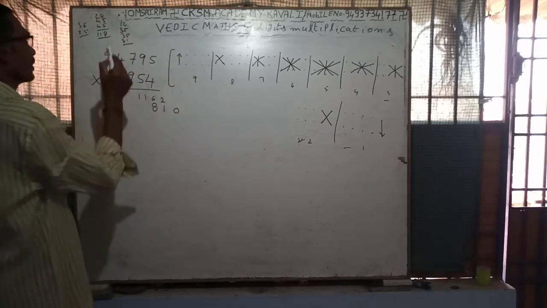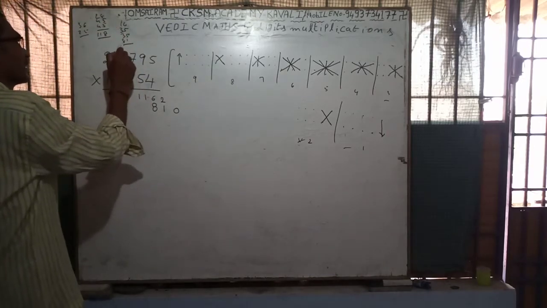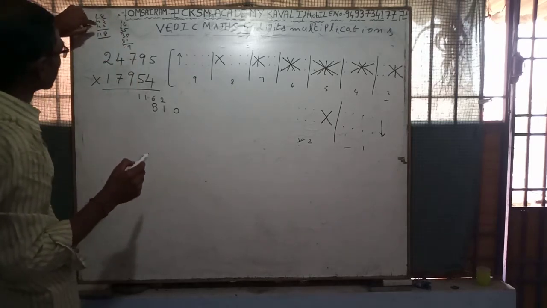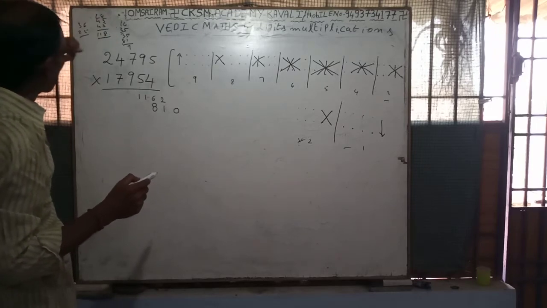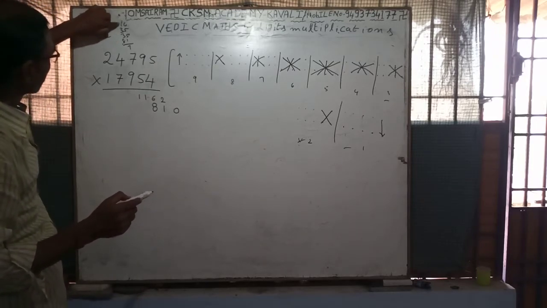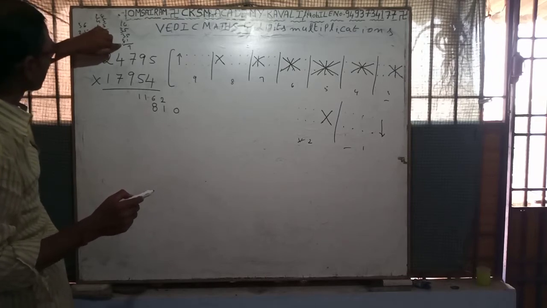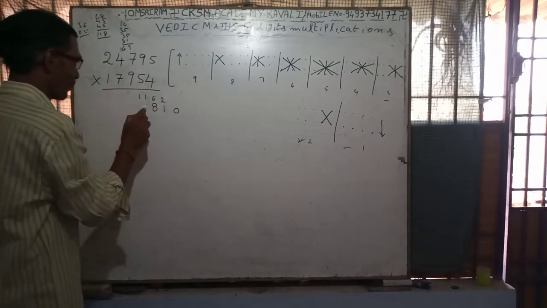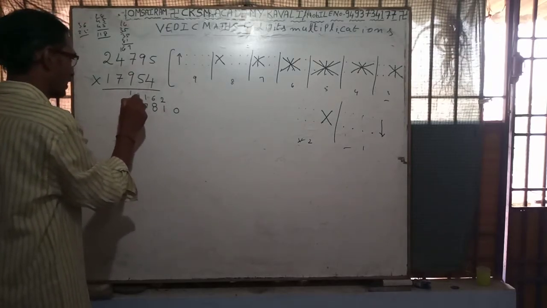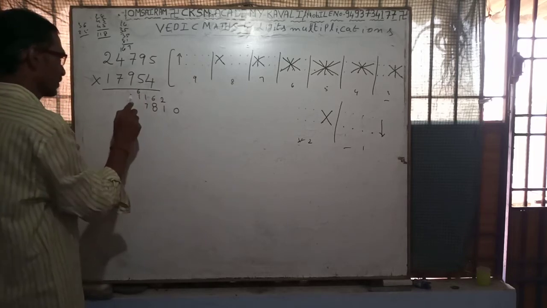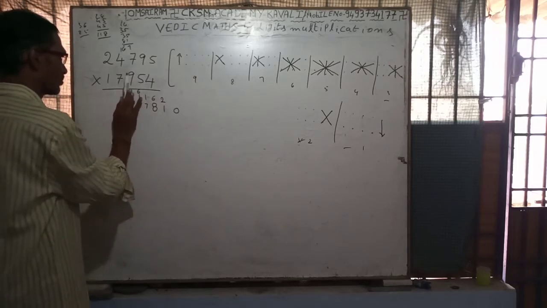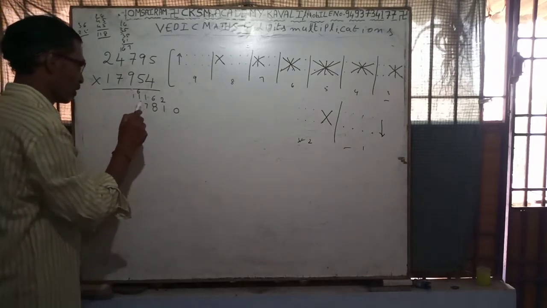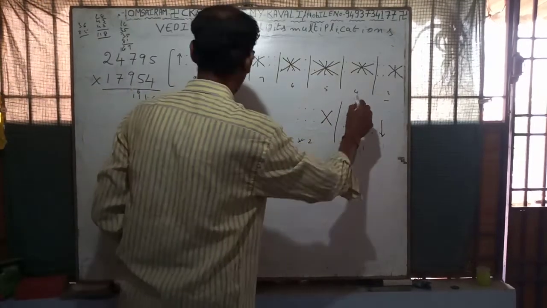So 5 plus 5 is 10, 16, 17. 3 plus 3 is 6, 6 plus 1 is 7. 7 plus 1 is 8. 8 plus 8 is 16. So 167. The fourth step is over.